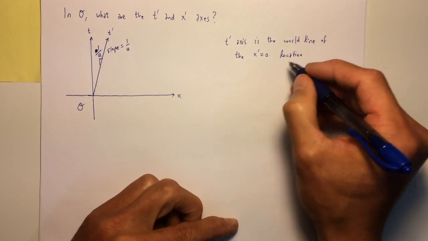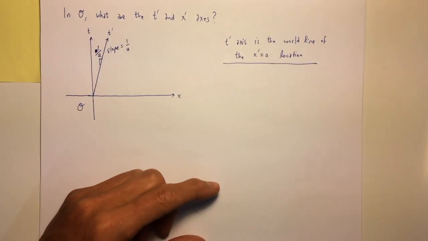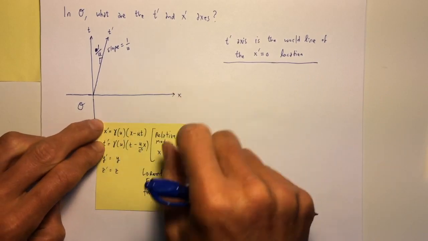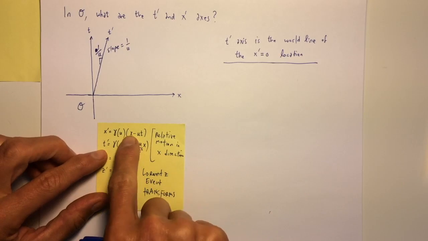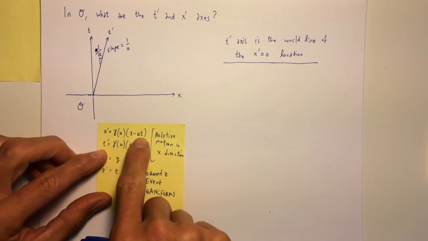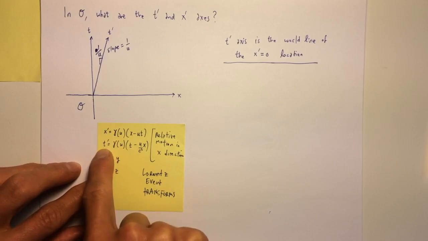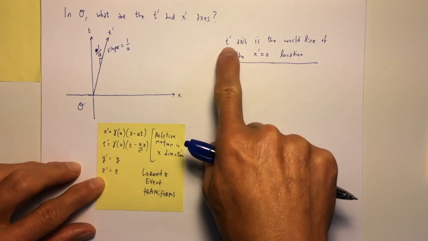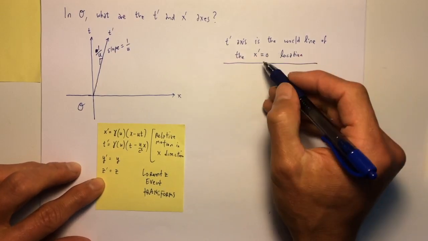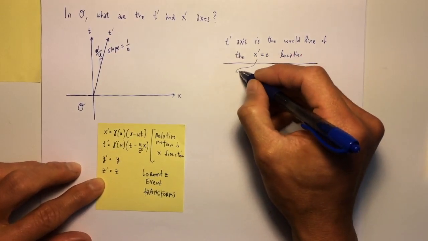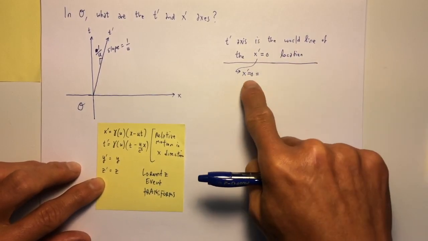So what we do is we look at the Lorentz transforms. See, the Lorentz transforms tell us the relationship between event coordinates in O and event coordinates in O prime. The t prime axis is the world line of the x prime equals to 0 location. So x prime equals to 0 equals, right?